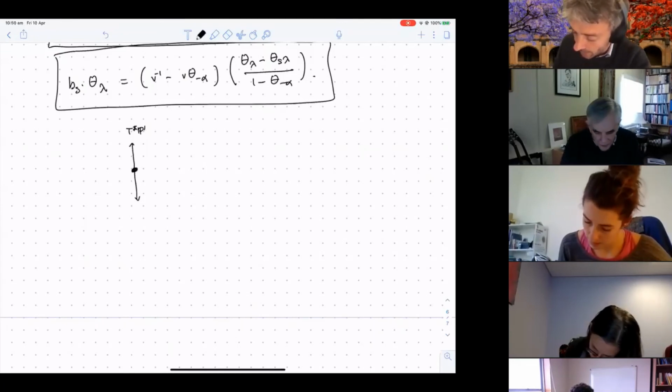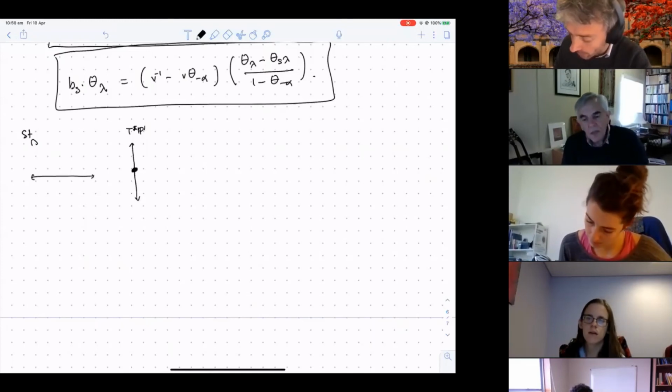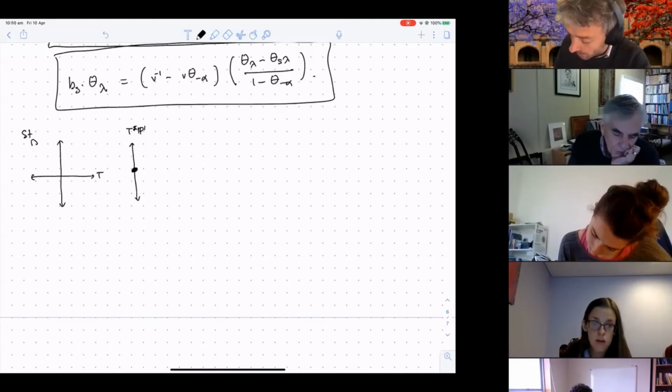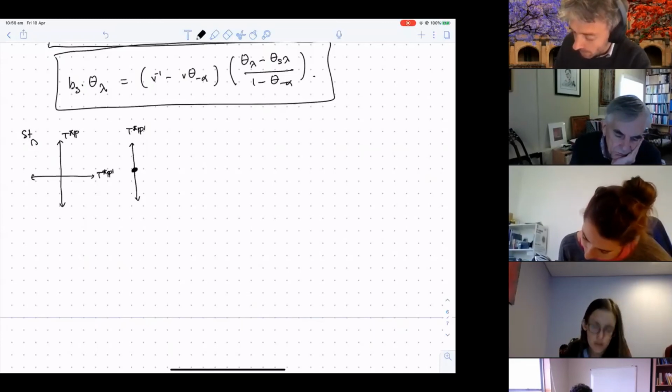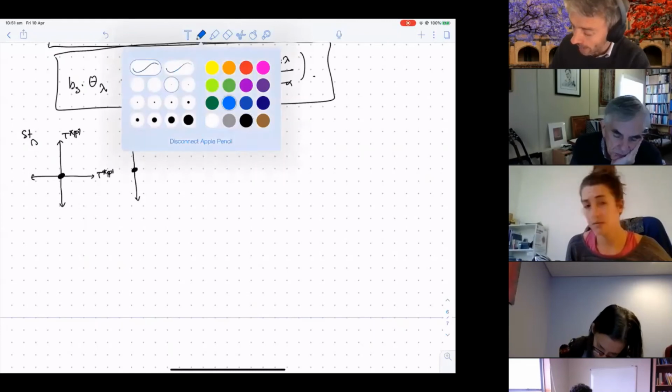And then here's the Steinberg variety, which sits inside T star P1 times T star P1. It kind of sits as P1 times P1 here, the difficult bit, plus the diagonal from earlier.